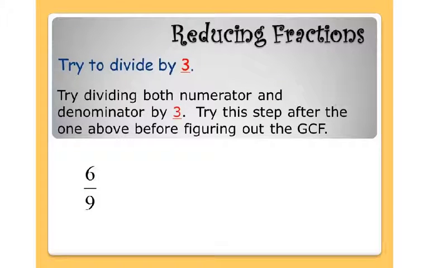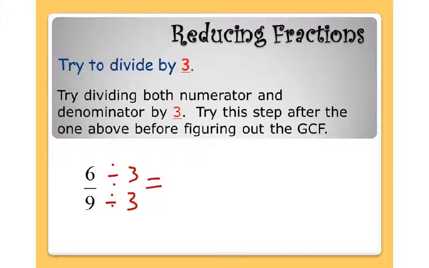This strategy is appropriately called try to divide by 3. Try this step after using the cutting in half strategy just in case. And so here's our example of 6/9. Well, I can't cut them in half because 9 is odd, but 6 is even. So I can try dividing the top and bottom by 3.